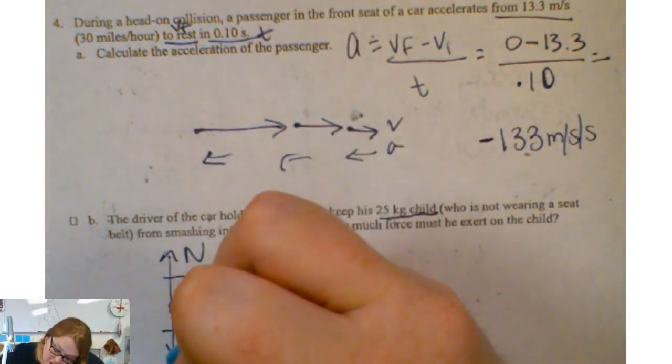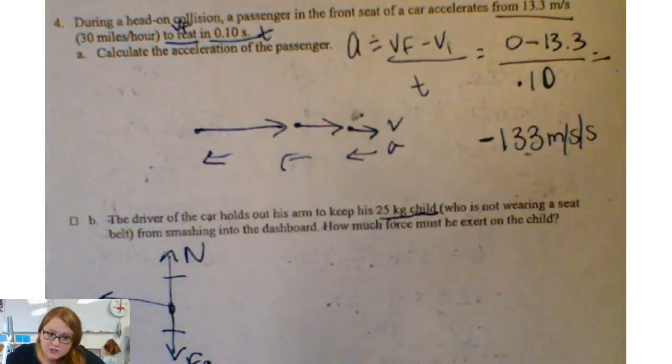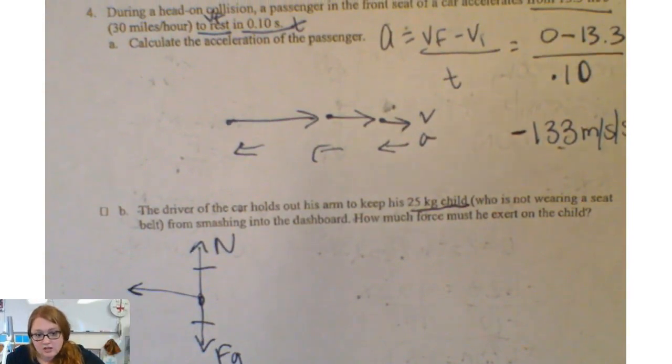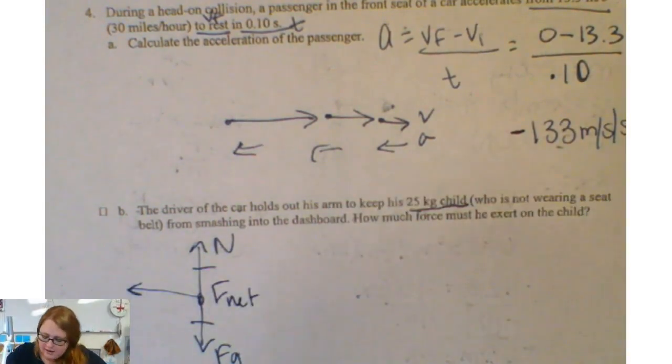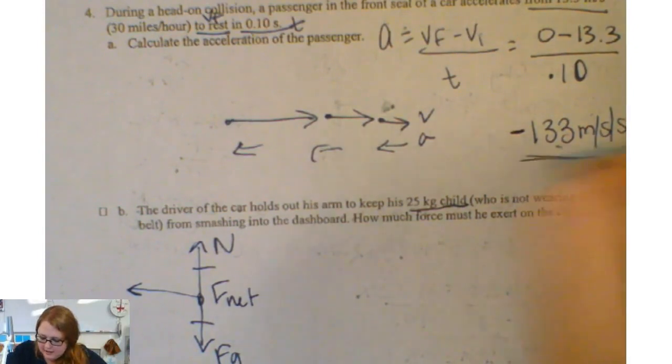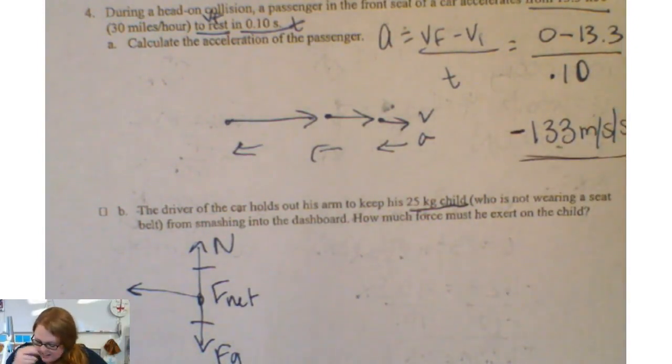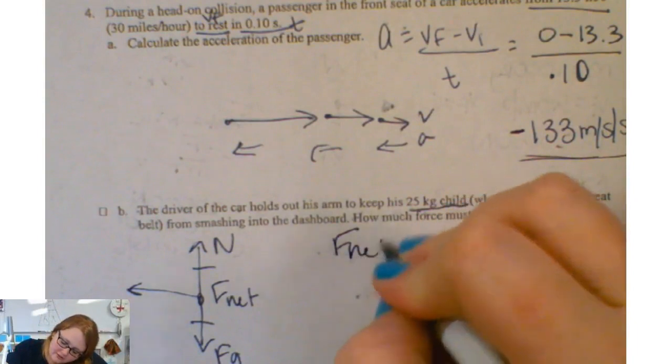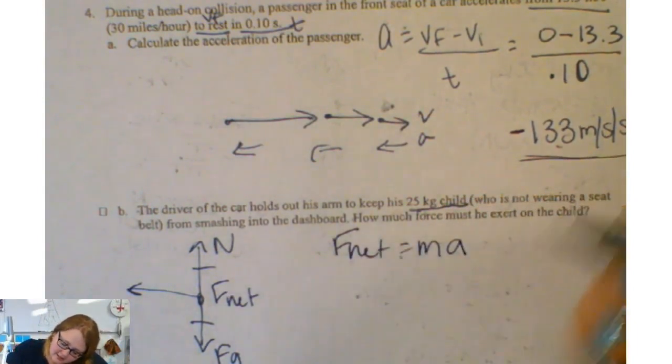This dude is going to try his best to apply force in that direction to keep the kid from flying forward. So, what is that net force going to have to be in order to balance out this acceleration or counter the acceleration? Well, we know net force equals mass times acceleration.